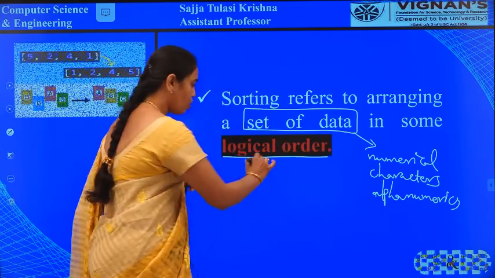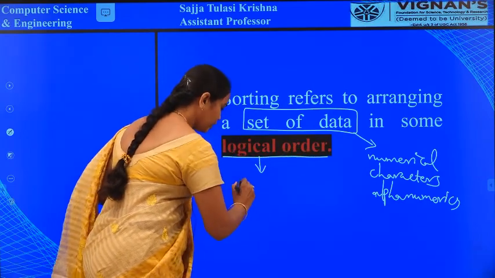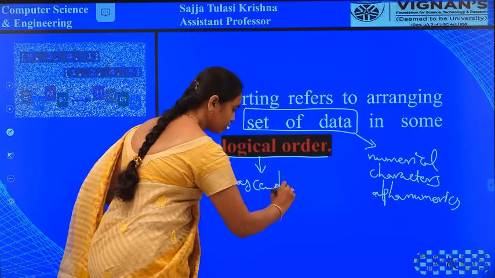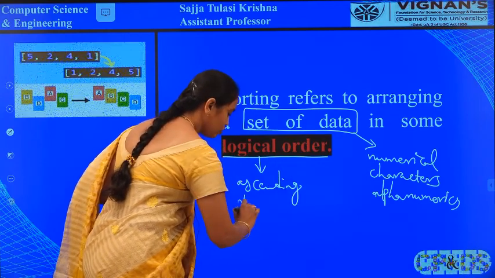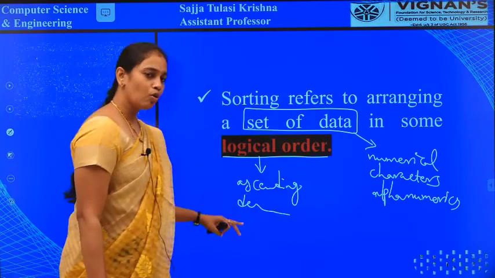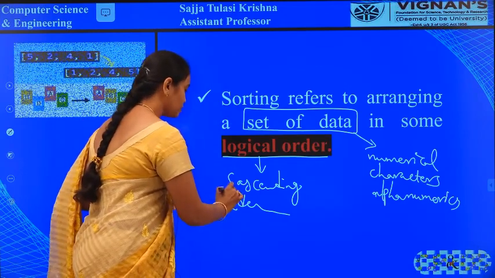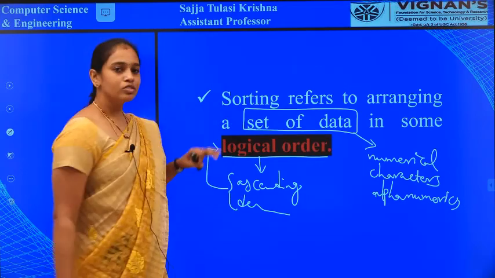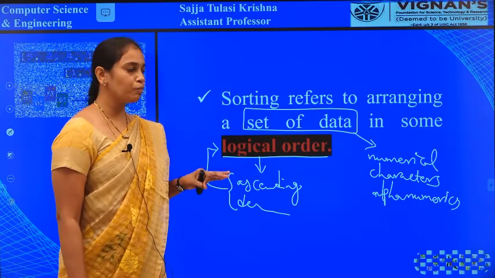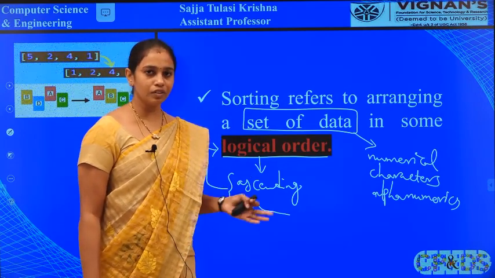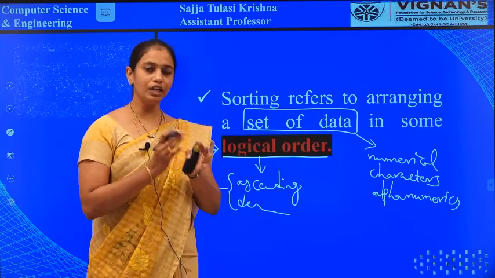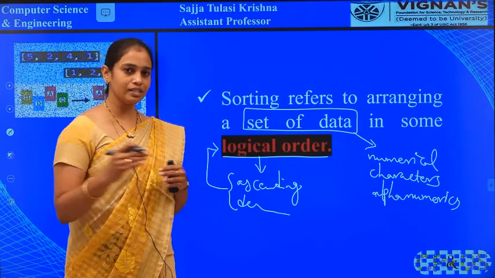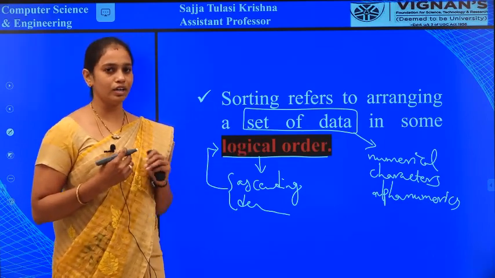Logical order means either ascending order or descending order. So these two orders are called logical order. Here the definition comes to the point: sorting refers to arranging the data in either ascending order or descending order.